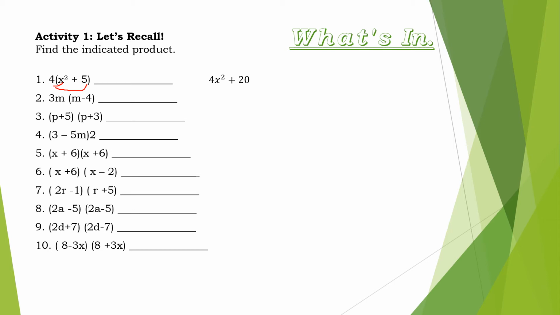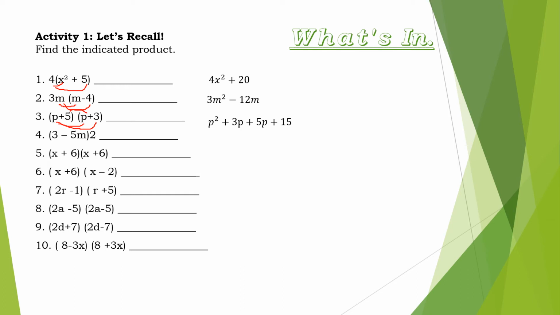Again, let's simply distribute this one, 3m times m. Then 3m times negative 4. That will yield 3m squared minus 12m. For number 3, we distribute. 3p times p, that is p squared. P times 3, that is 3p. Then this one is 5p.